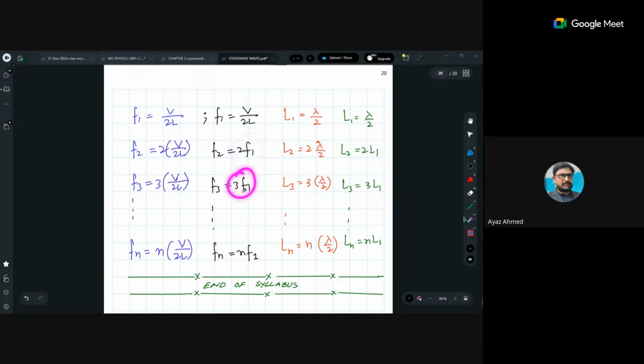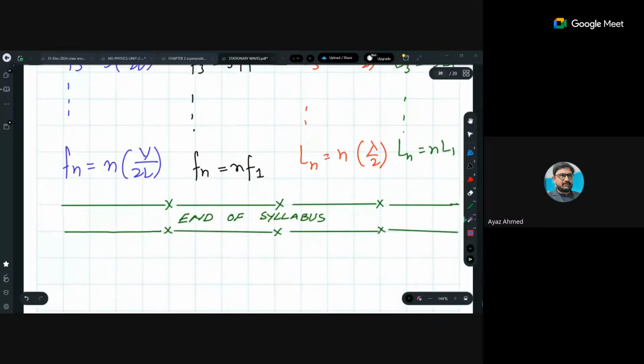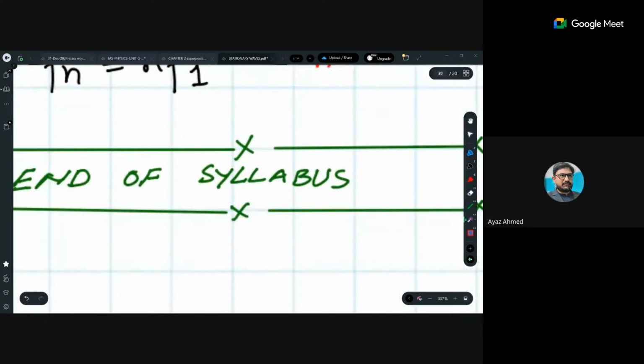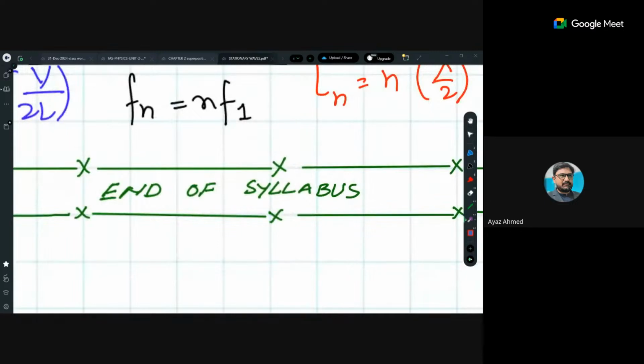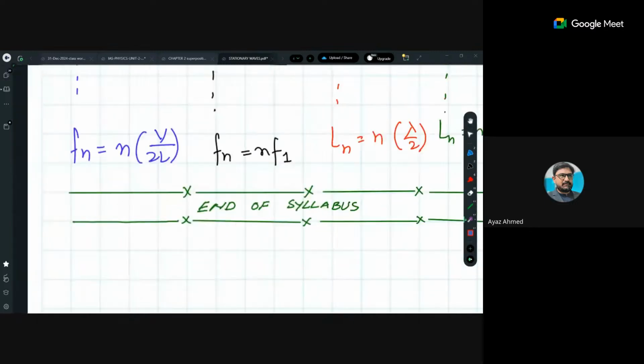Similarly for the frequency, F2 is equal to 2 times F1, 3 times F1, and n times F1. It is not odd, it is for integral multiples of frequency and integral multiples of lambda. So this was all about your syllabus. This is all from my side.